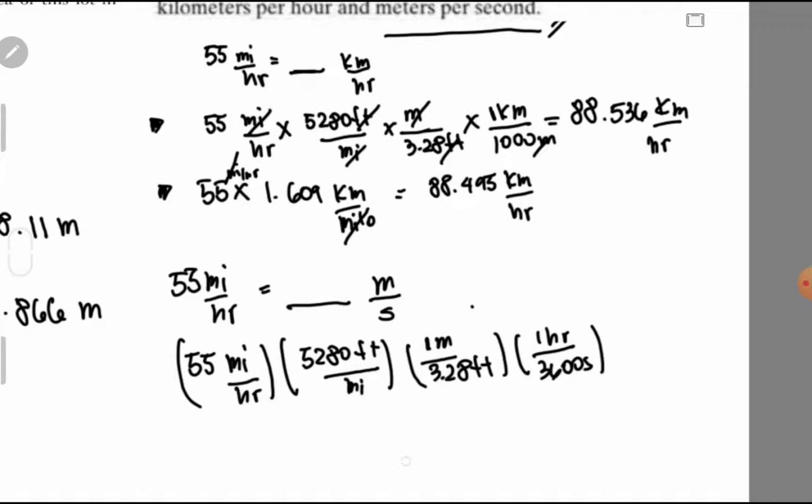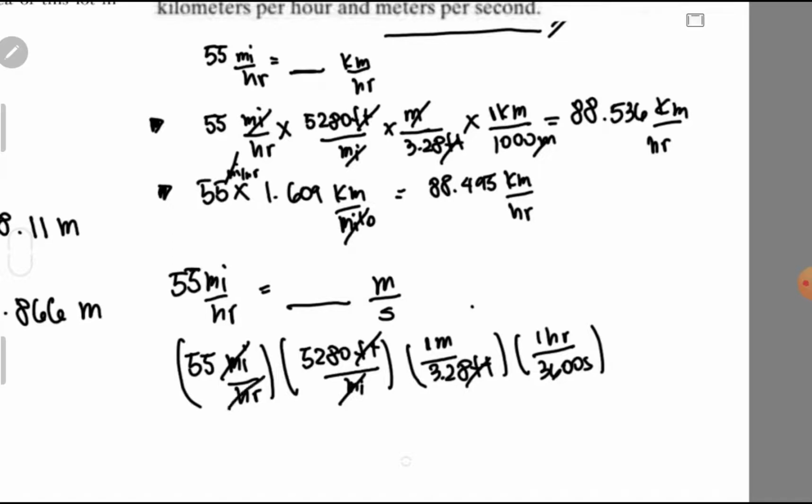Take note that in conversion of units, it is you who will make your decision, wherein you will make yourself very comfortable in solving the problem. Because once you use a method that you are not used to, it would be very hard to cope up, and it might also confuse you in your computation.